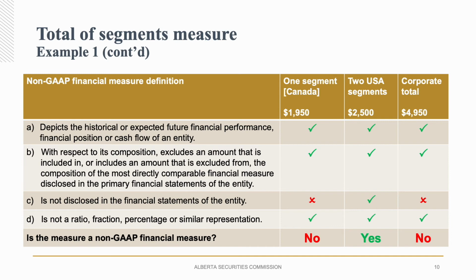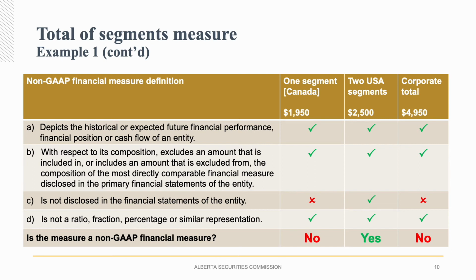However, this measure does meet the definition of a non-GAAP financial measure and is subject to the disclosure requirements in Section 6 of 52-12. Some of the key non-GAAP financial measure disclosure requirements in Section 6 include prominence and quantitative reconciliation, the same requirements that are also found in Section 9 for total of segment measures.